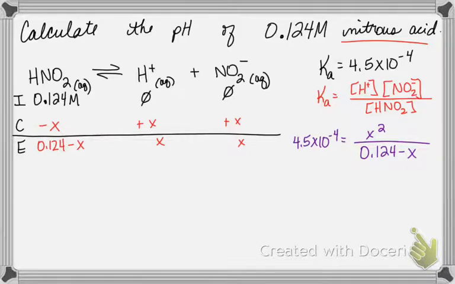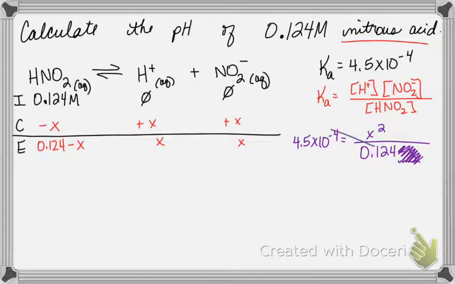So what you can do every time you have a weak acid, guys, we're going to assume that X is a small number. We're going to assume that it's so small that we don't have to worry about it there. So even though it's here in the ice table, we're going to pretend it's not there in the math. And I'm going to solve for X.